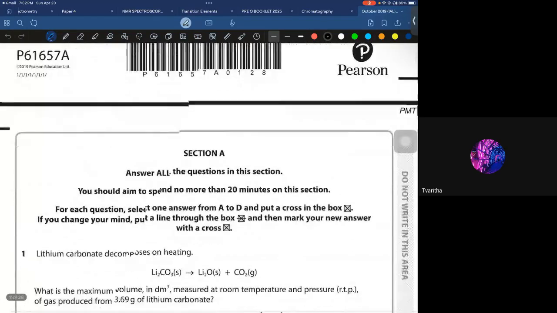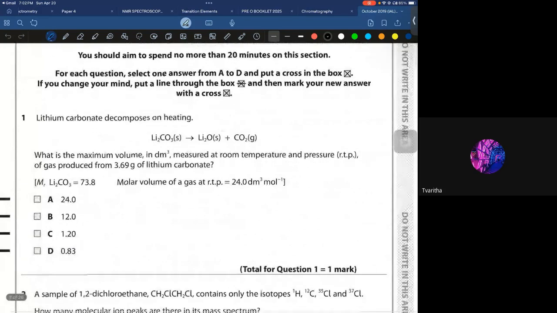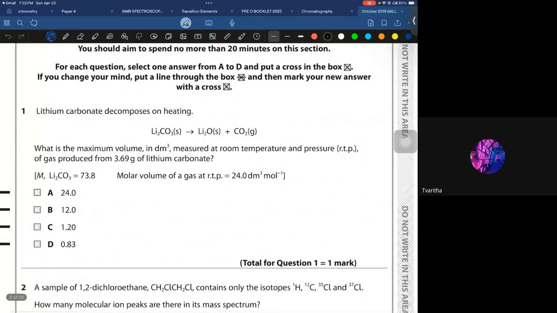Okay, it's a 2019 paper. Lithium carbonate decomposes on heating. What is the maximum volume in decimeter cube, measured at room temperature and pressure, of a gas produced from 3.69 gram of lithium carbonate? The mass of lithium carbonate is given to you, that is 3.69.